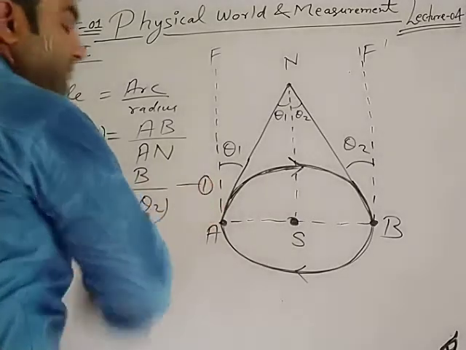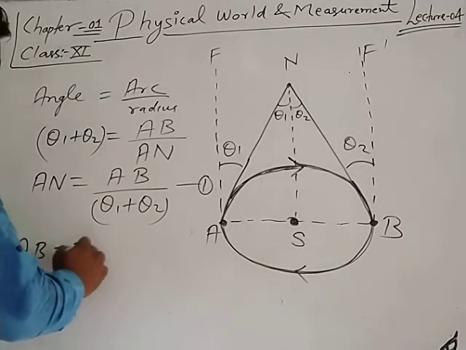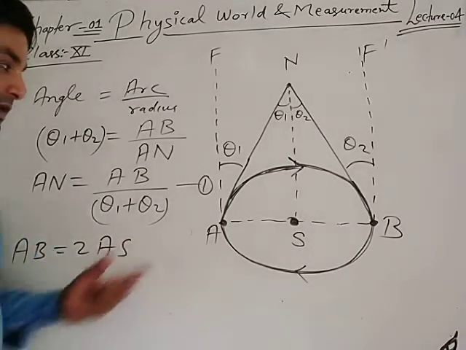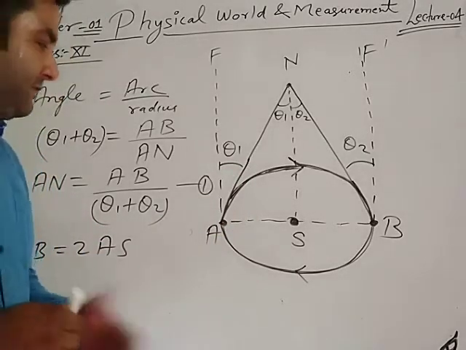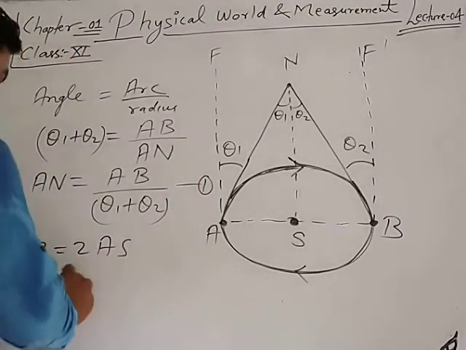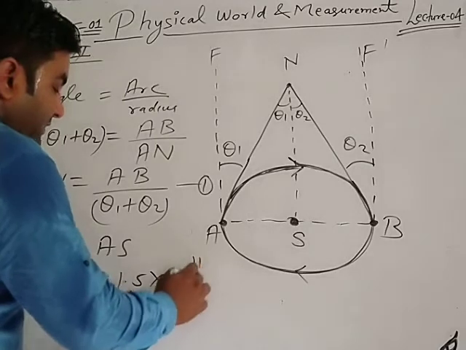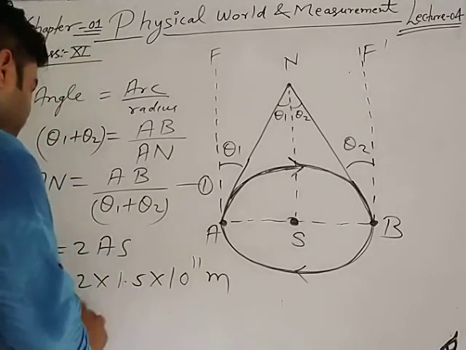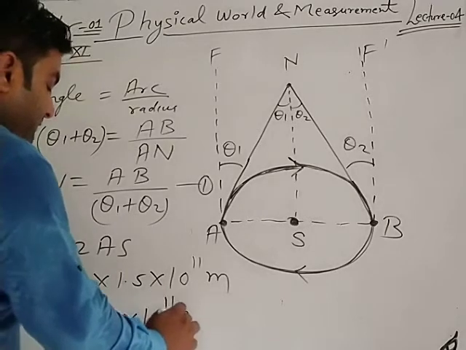Take this as equation number 1. Now AB is equal to 2AS, where AS is the astronomical unit, that is the average distance between the center of earth and center of sun, equal to 1.5 into 10 power 11 meter. So this becomes 3.0 into 10 power 11 meter.